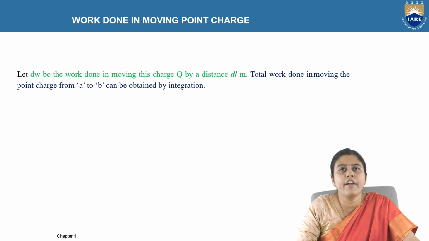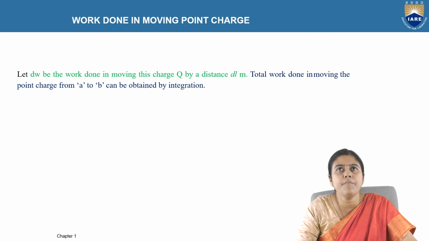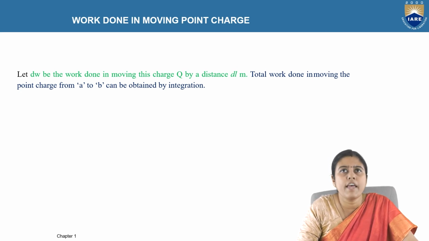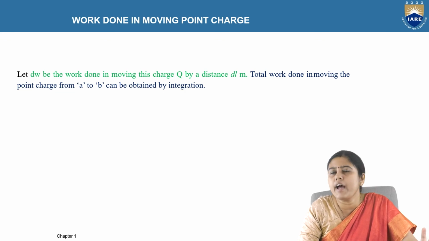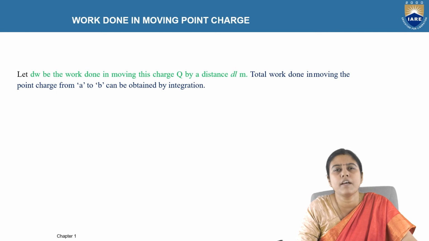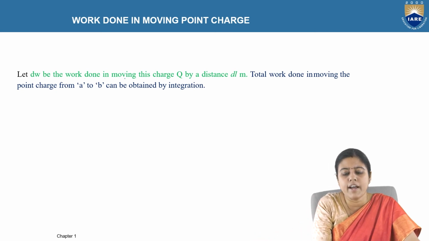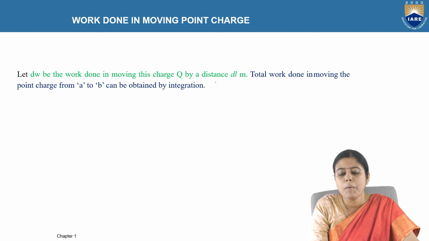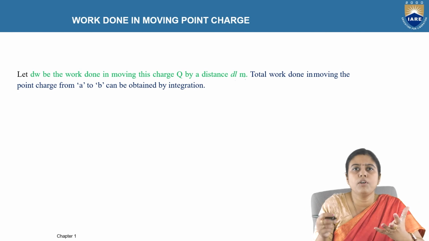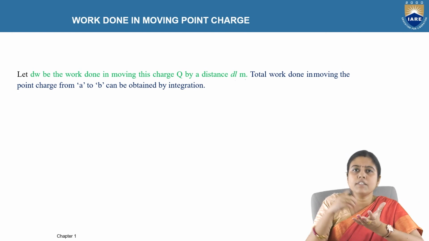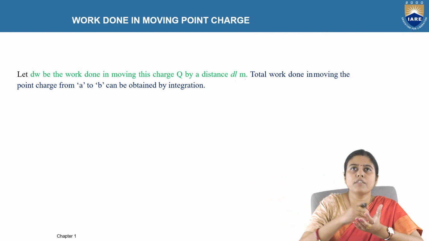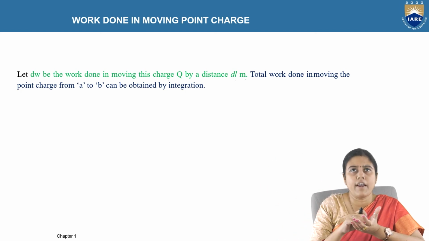Last important point for today's discussion is the work done in moving a point charge. If there is some force and some displacement, there will be some work done. So let dW be the work done in moving a charge Q by a distance dl meter. As we told, electric field intensity means bringing one unit positive charge from one point to another point.